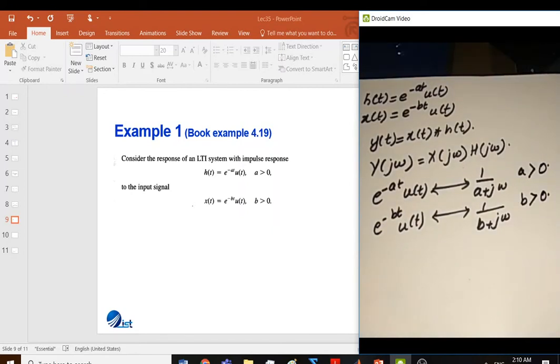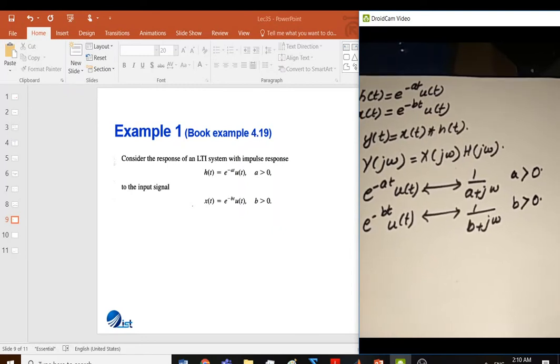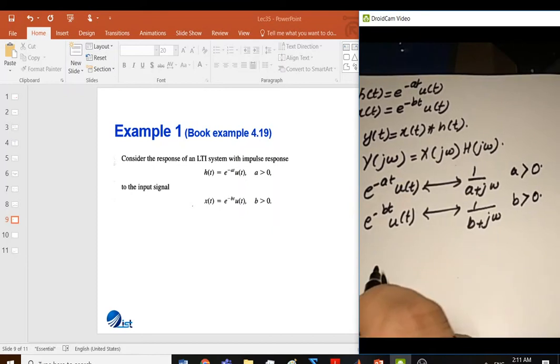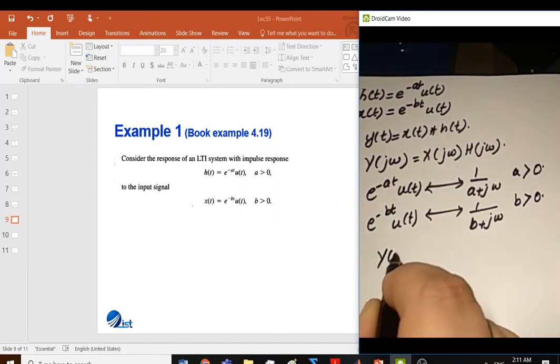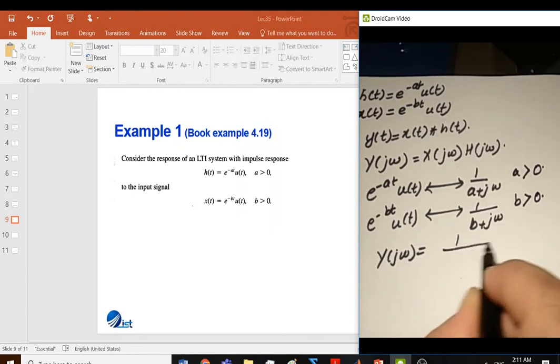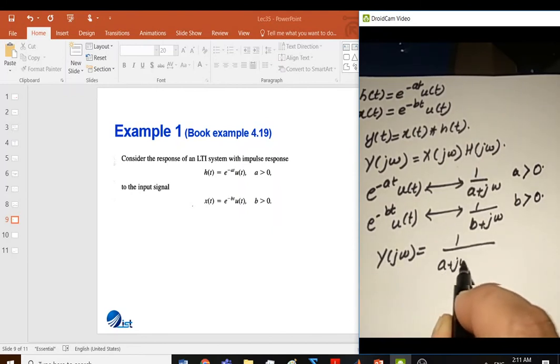And again, since this input is a bounded input, the output is going to be bounded. Now the Fourier transform of the output is simply a product of these two, which is 1 by a plus j omega into b plus j omega.